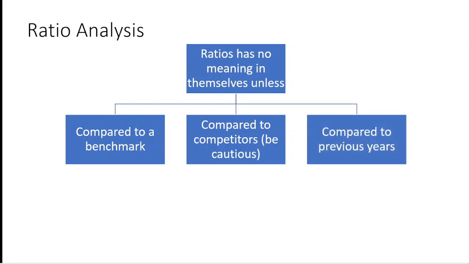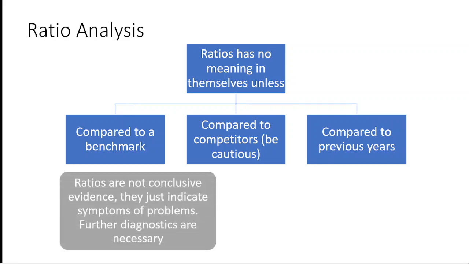We can compare against the previous year, but again, we have to be very cautious because the accounting policies may change, accounting standards may change, and the way we are doing the business may also change. So we need to be careful when we are comparing against the previous years too.